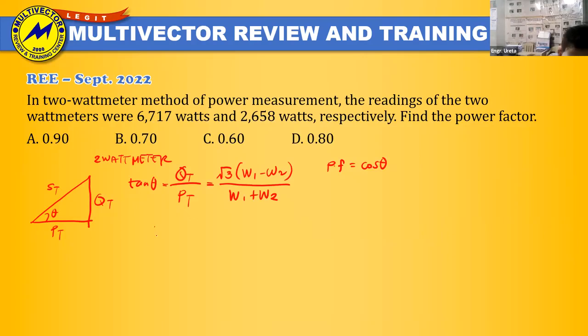Therefore, our theta is arctangent of the square root of 3 times wattmeter reading 1, 6717, minus 2658, all over the sum of the two, 6717 plus 2658.